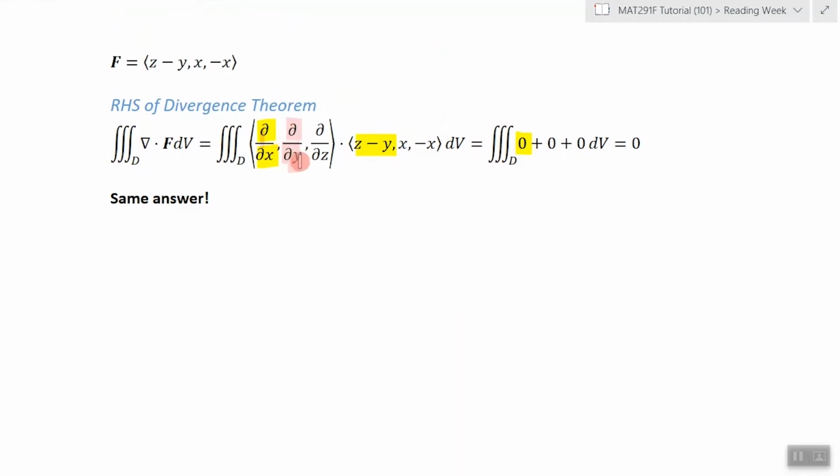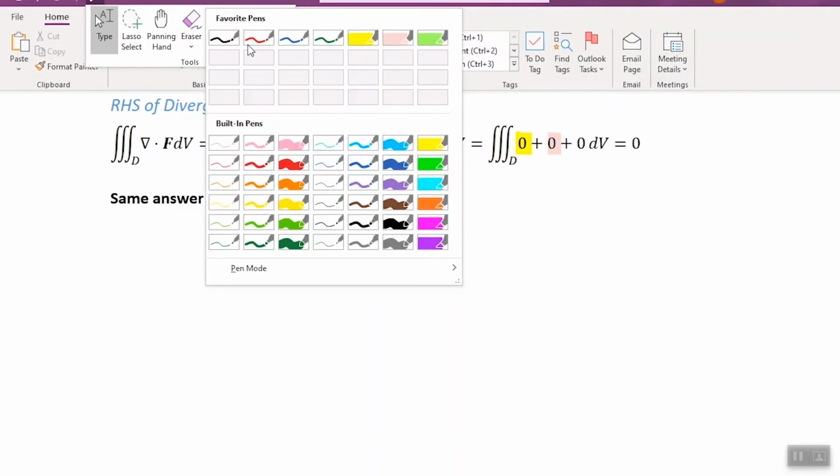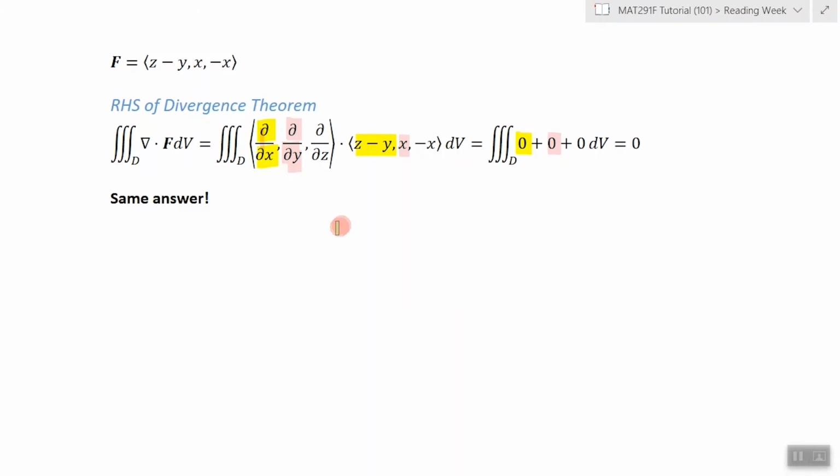Derivative with respect to y of x also gives us 0. And derivative with respect to z of negative x also gives us 0. So we're integrating 0 over the region D. That's how we get 0. So the answer for the left and right-hand sides is the same.